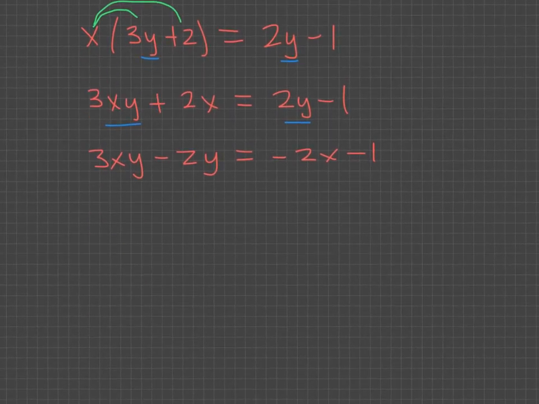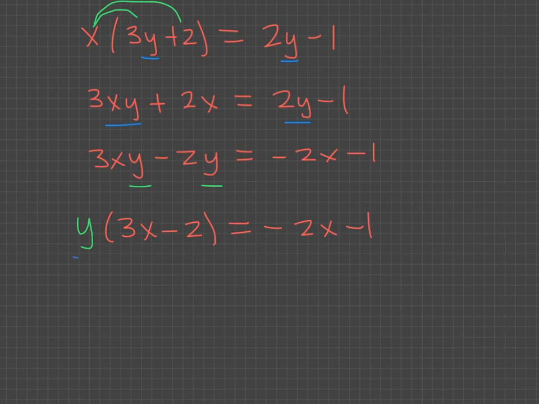Okay, y and y. Now, notice that in those two terms together, y is a common factor, so we're going to bring it out in front. And we're left with 3x minus 2. And then on the right side, we have negative 2x minus 1. So y shows up 1 time now, and it's by itself.